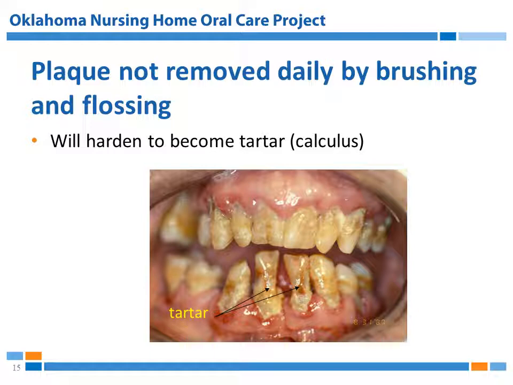Our gums respond in the same way to tartar, and these harmful toxins have direct access to our bloodstream, contributing to systemic health burdens such as pneumonia, heart disease, strokes, diabetes. A resident can also get sepsis from teeth like this, which we know can kill our residents pretty quickly.